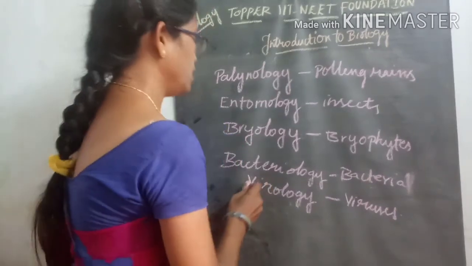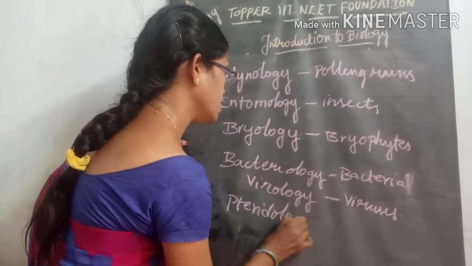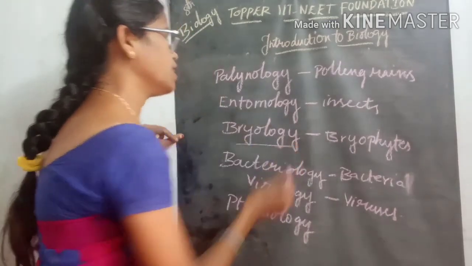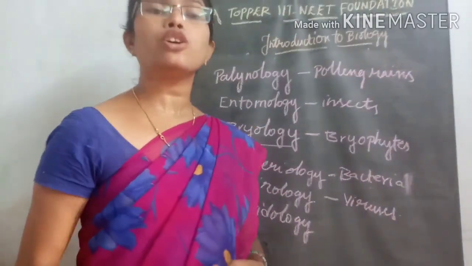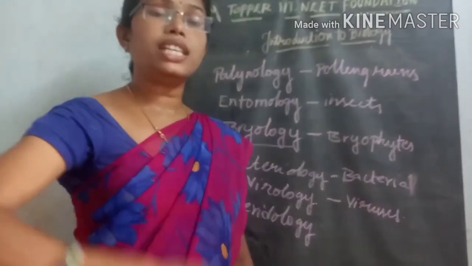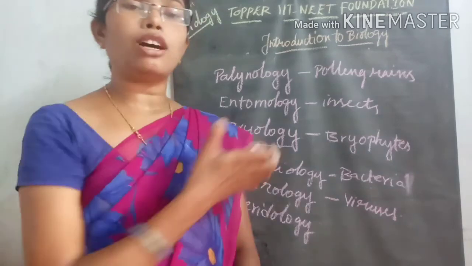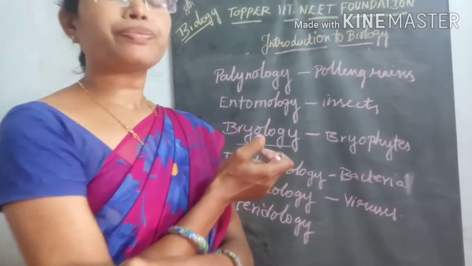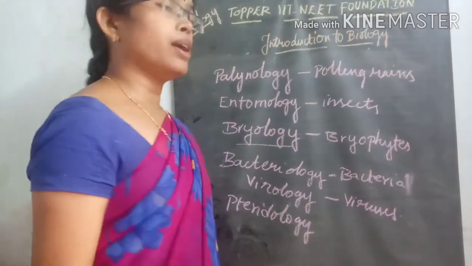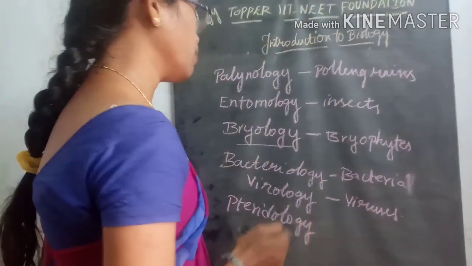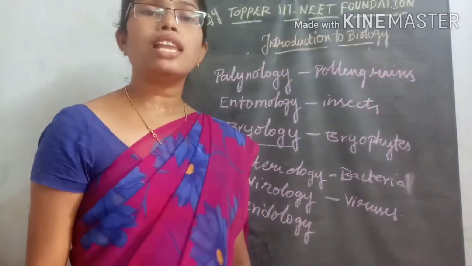And another one is called pteridology. What is that? Pteridology. Here we already know different bryophytic plants. In vascular plants like angiosperms, big trees, salts, minerals and water are transported from one part of the plant to another, mainly due to the presence of xylem and phloem.